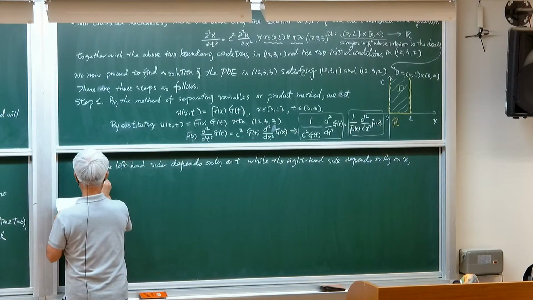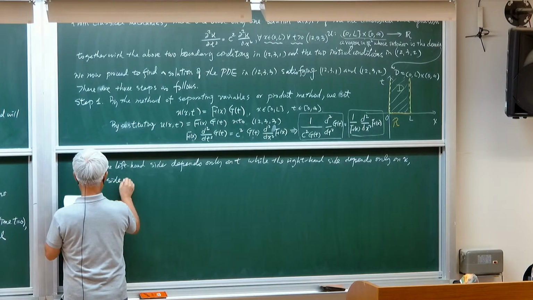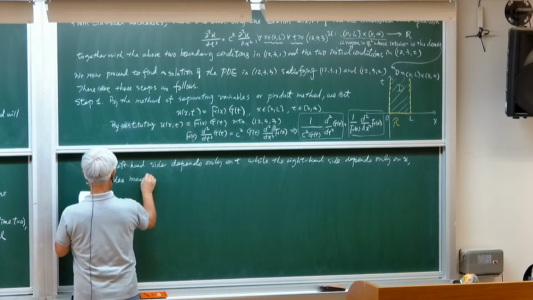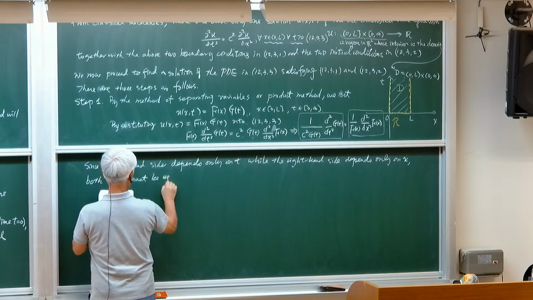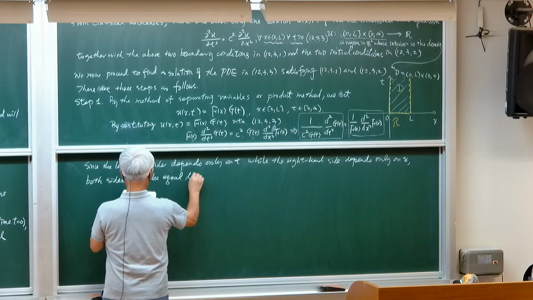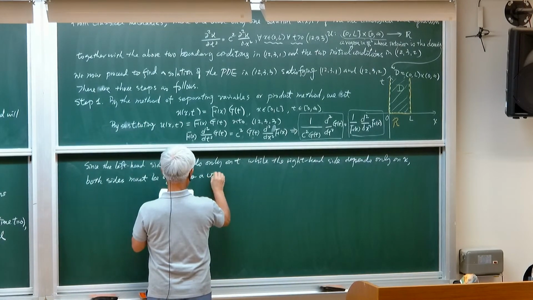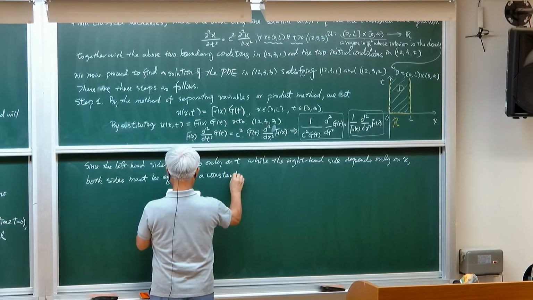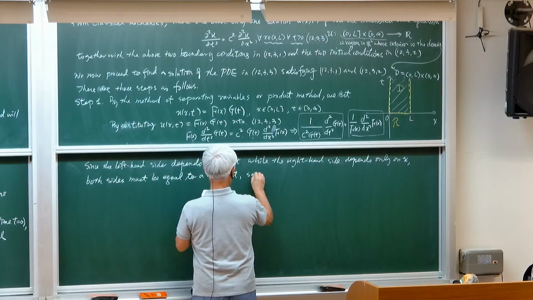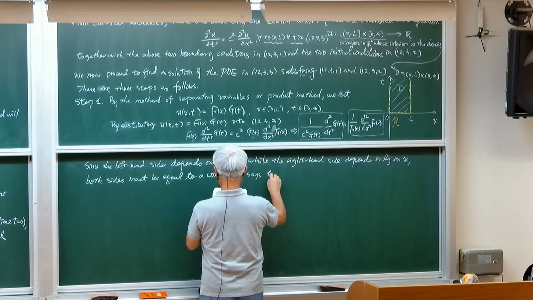Both sides must be equal to a constant. And we say this constant is k.